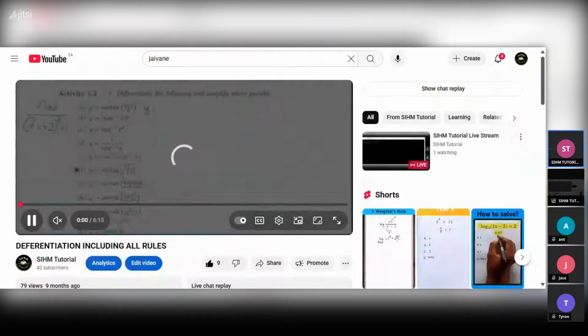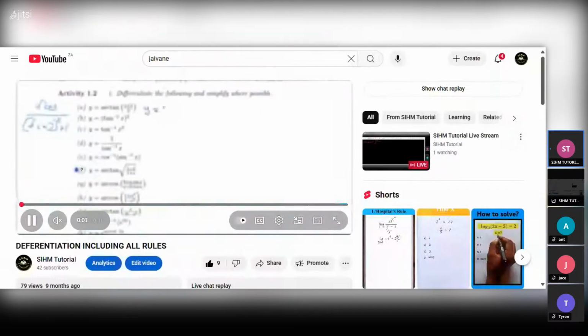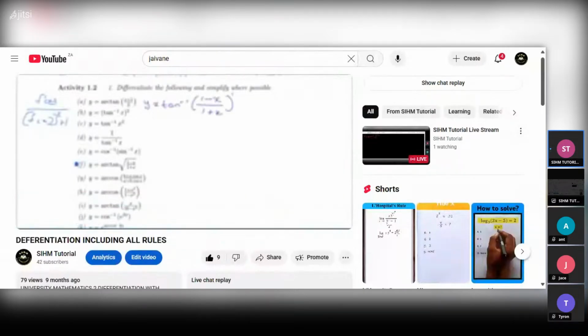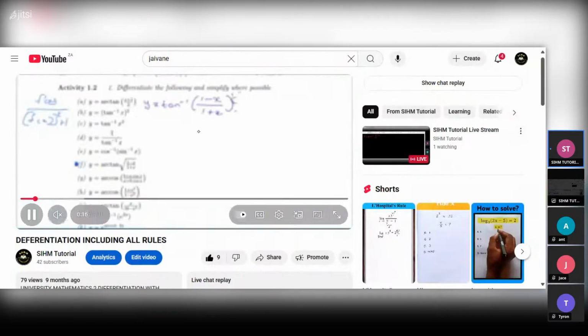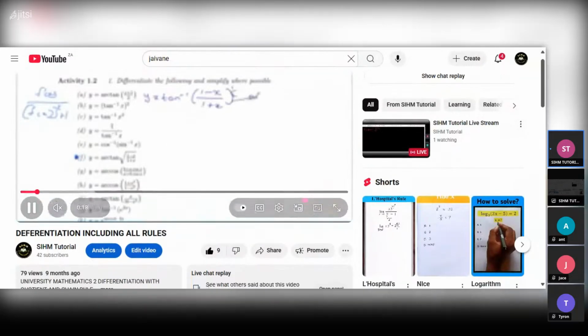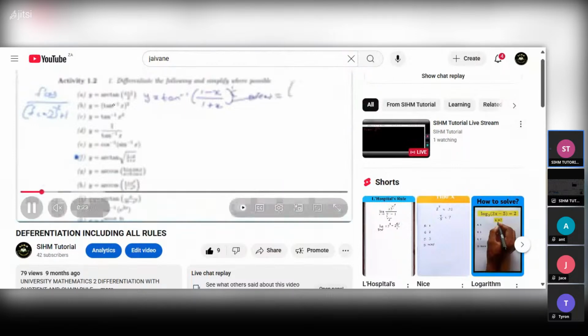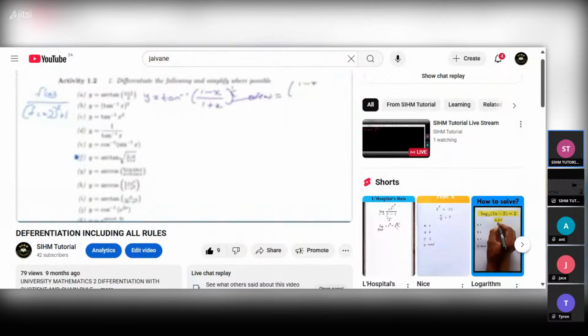I can't even see it clearly because I'm using three devices on this laptop, so the quality isn't good due to the connections. This was another approach. Go and check that one, and then let's try another question.